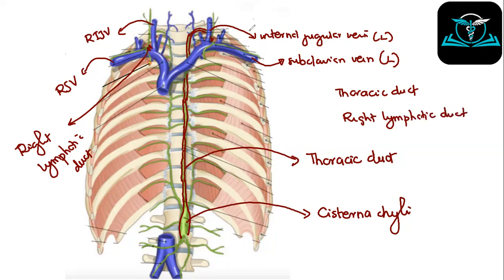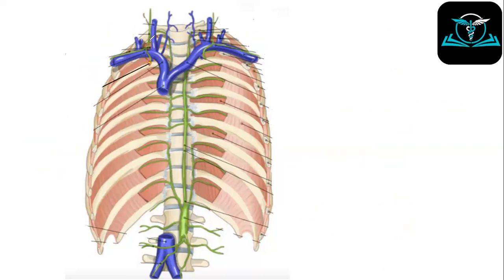Okay, and as you can see here, let me clear my board. The right lymphatic duct is formed by the right jugular trunk, then the right subclavian trunk, and then the right bronchomediastinal trunk. Okay, and then the thoracic duct actually begins as the cisterna chyli.